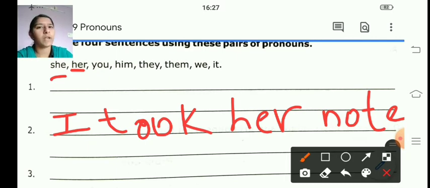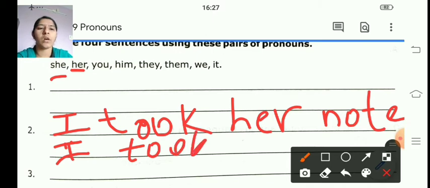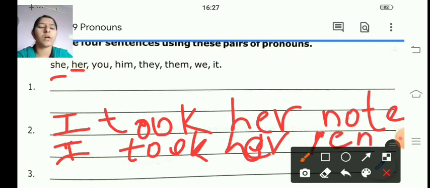Like that you can just complete your sentences. Okay. And second, again one more sentence, similar way you can just do it. I took her anything, her pen. Okay, you can say I took her pen.